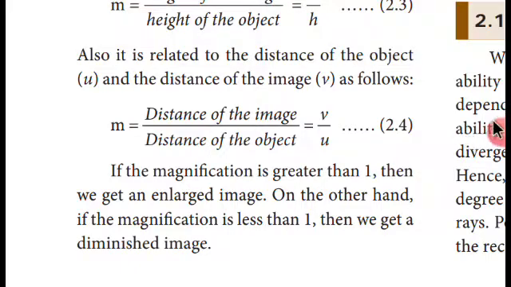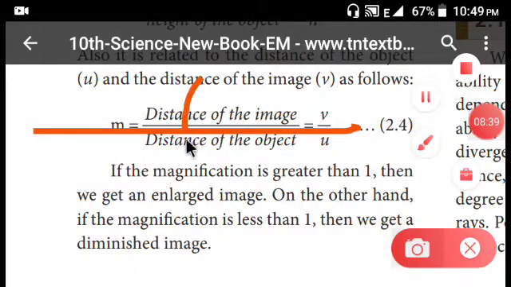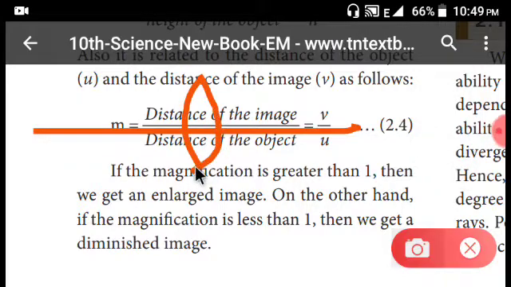See, for this I can explain with a new case. Consider this as the principal axis, and this is a convex lens, and this is focus, and then this is center of curvature, and we are going to take the object here, behind the center of curvature.